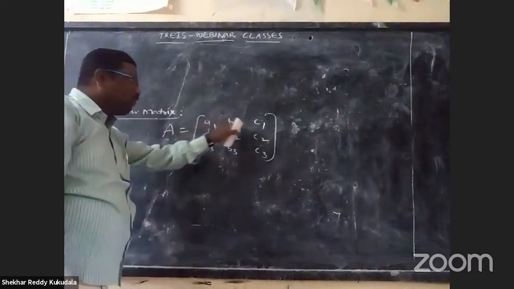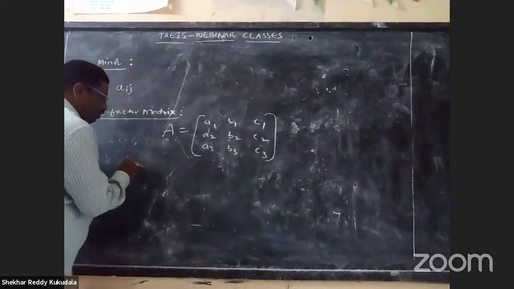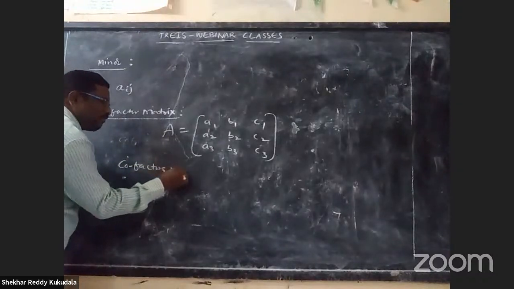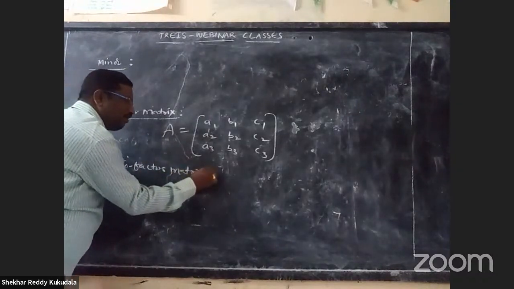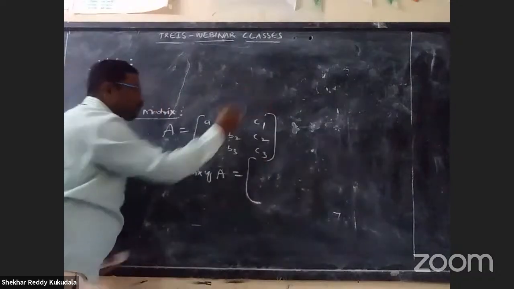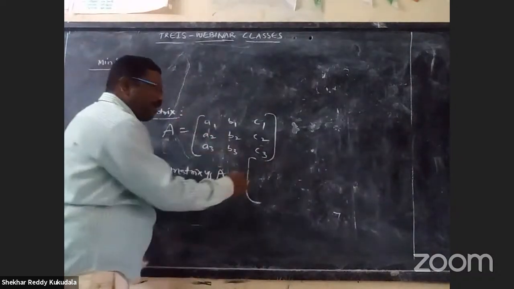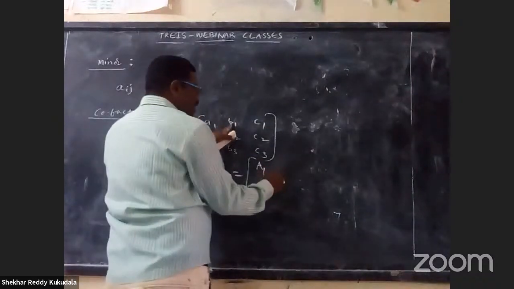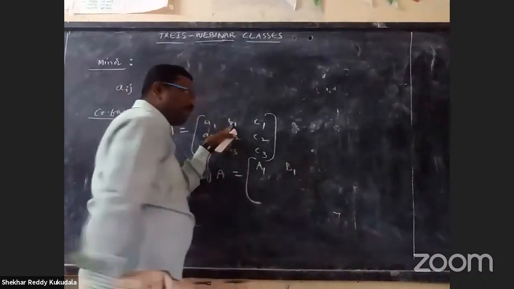Now, suppose the cofactor matrix of A is equal to: A1 cofactor I am denoting with capital A1, B1 cofactor is represented with capital B1.